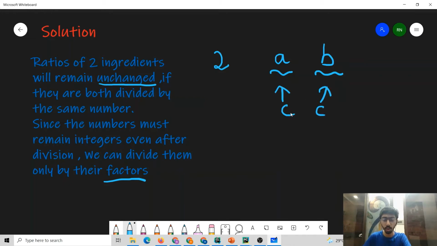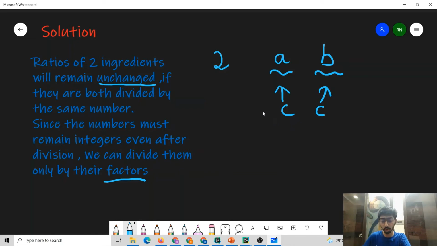Now this value should be a factor of A and should also be a factor of B, because if it's not a factor of A or B, then upon division, the value that is formed won't be a whole number.